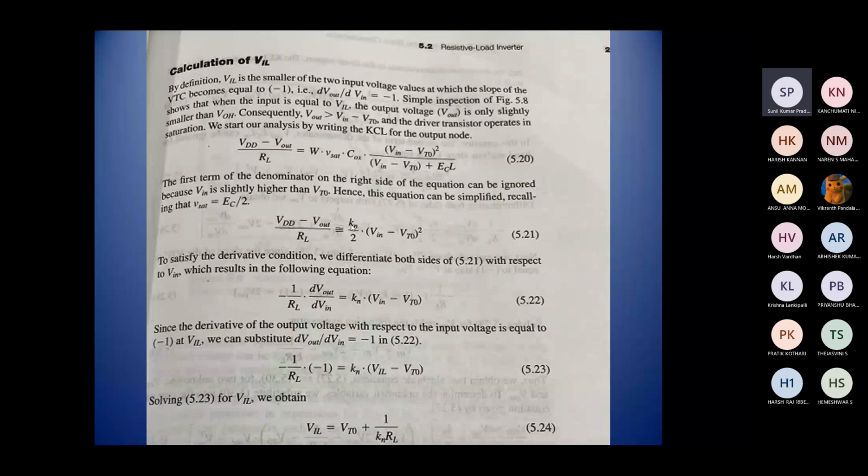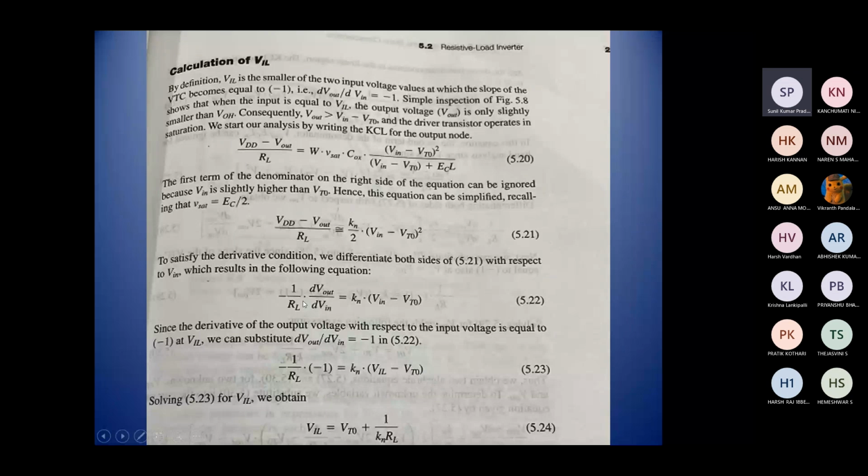Now, to satisfy the derivative condition, we differentiate both sides with respect to the input voltage.